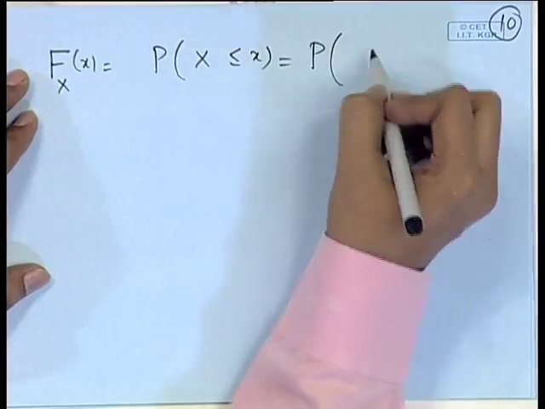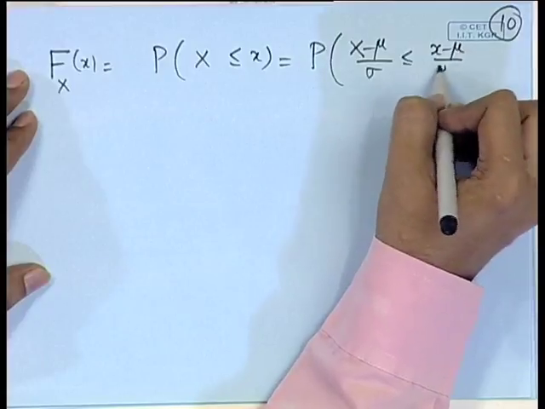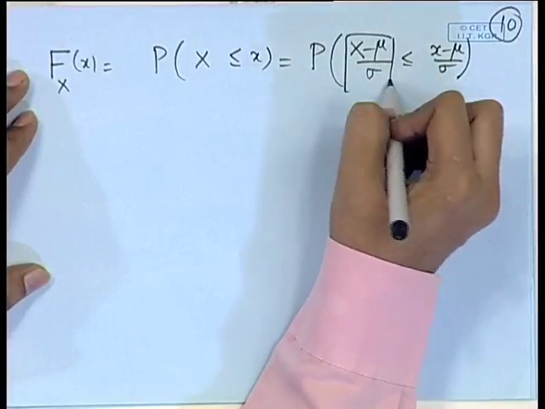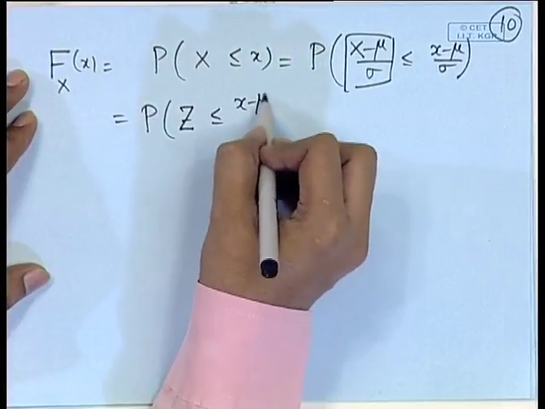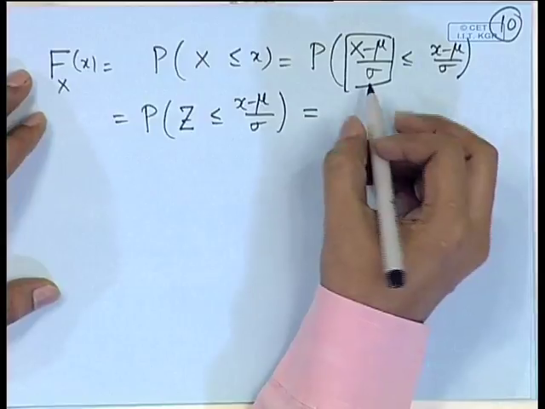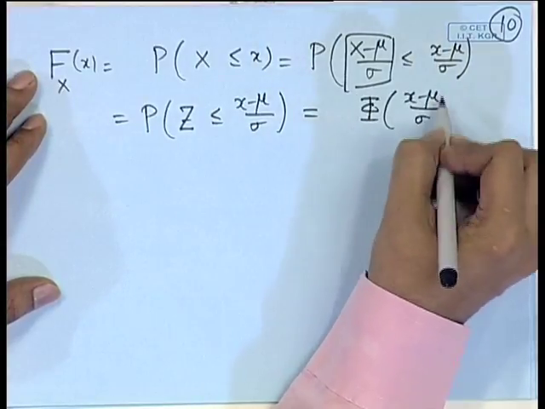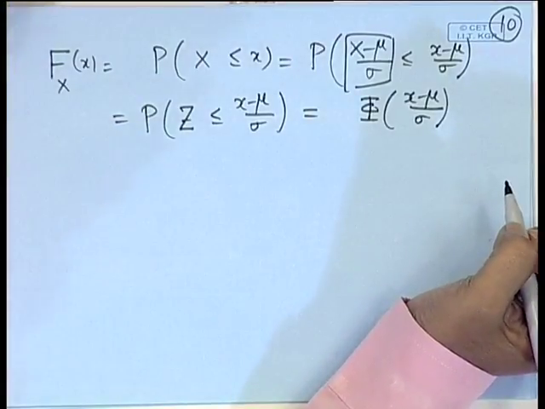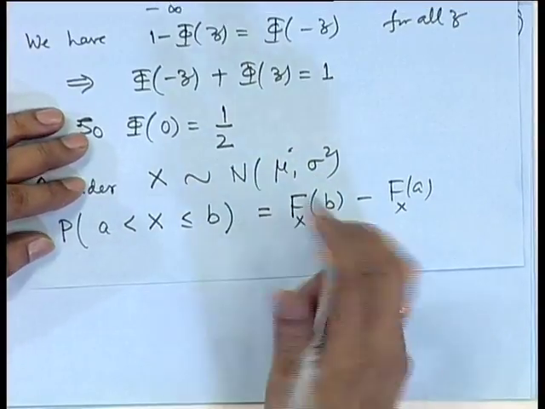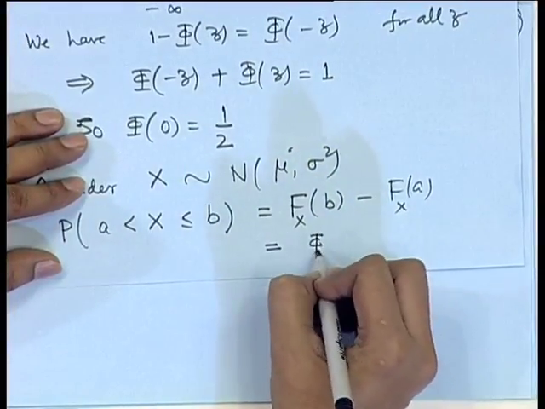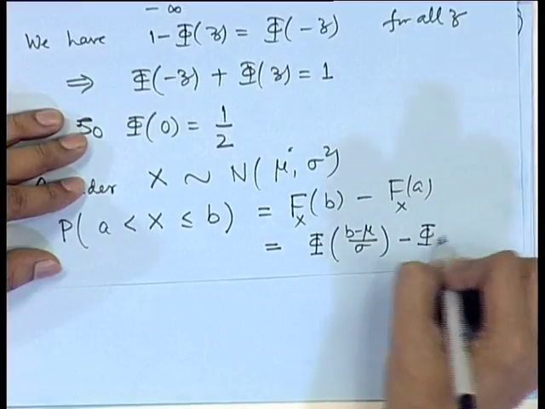This we can write as probability (X minus mu) by sigma less than or equal to (x minus mu) by sigma. Now, this is Z. So, this is equal to phi of (x minus mu) by sigma. That means, the probabilities related to normal distribution can be calculated in terms of probabilities related to standard normal distribution.